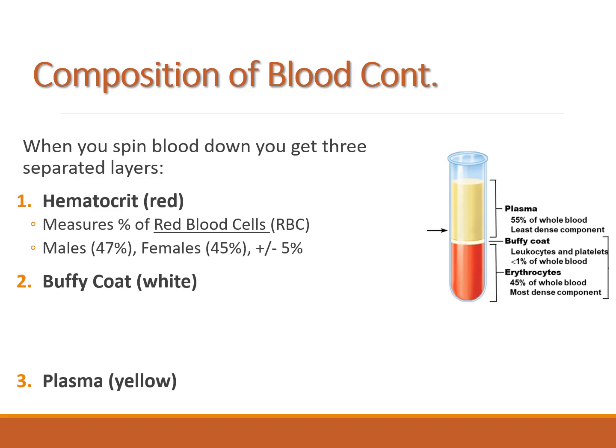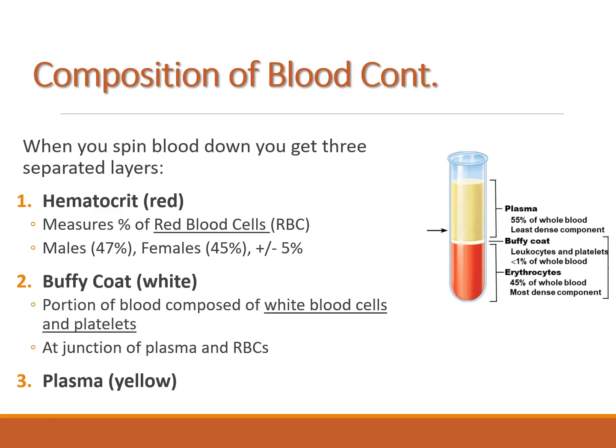This value varies for different species as well, and with athletic ability too. Sports people tend to have a higher red blood cell count. They've trained their body over time to have more red blood cells and more oxygen carrying capacity. But anyways, hematocrit means the percent of red blood cells in the blood.